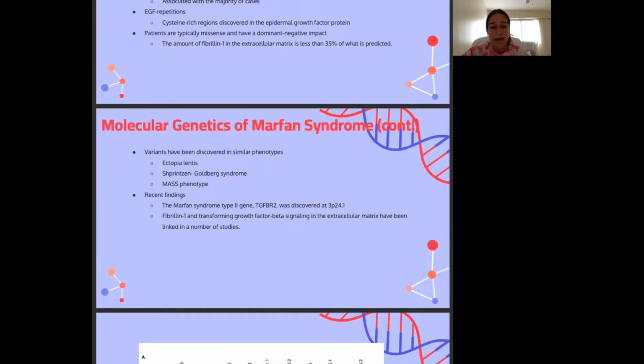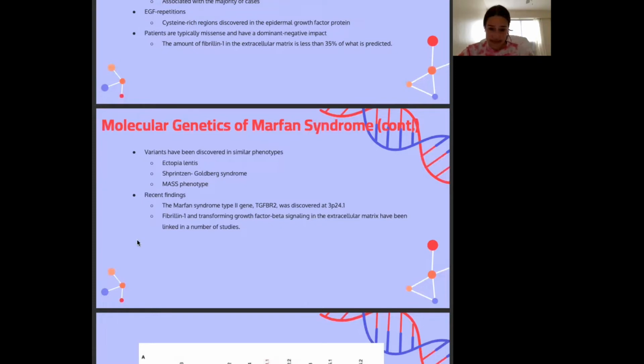And MASS phenotype is a similar condition to Marfan syndrome because it also affects the connective tissue, and it also has a similar mutation dealing with fibrillin 1.